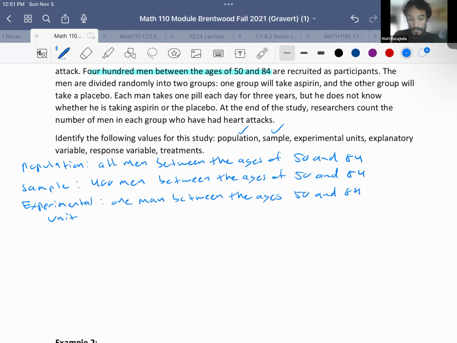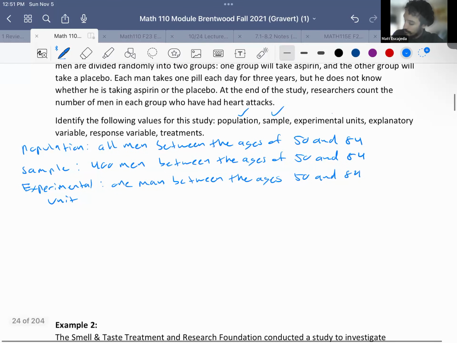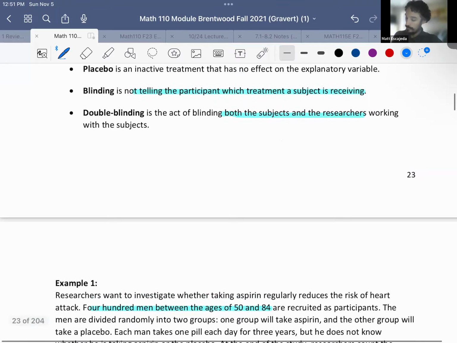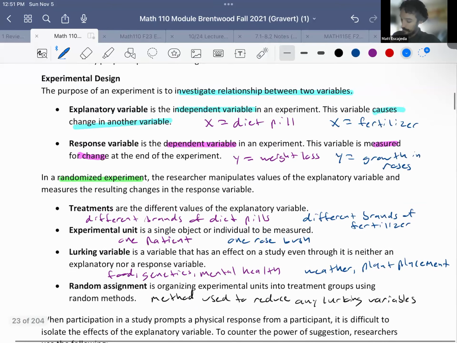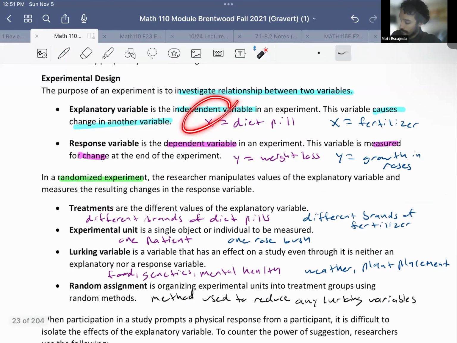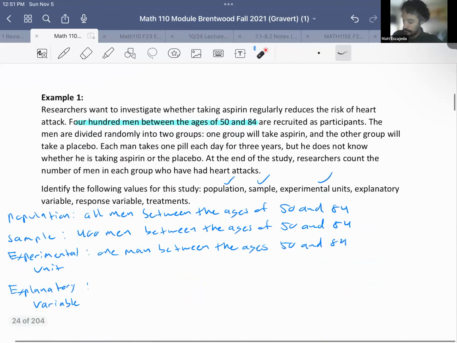Next one is the explanatory variable. Remember, the explanatory variable is your independent variable that causes change in another variable. Let's go find that.